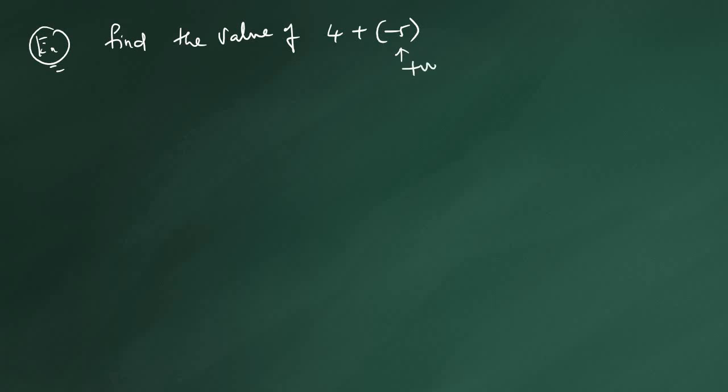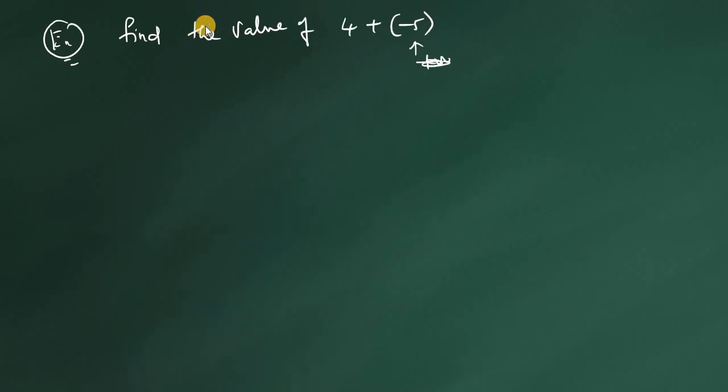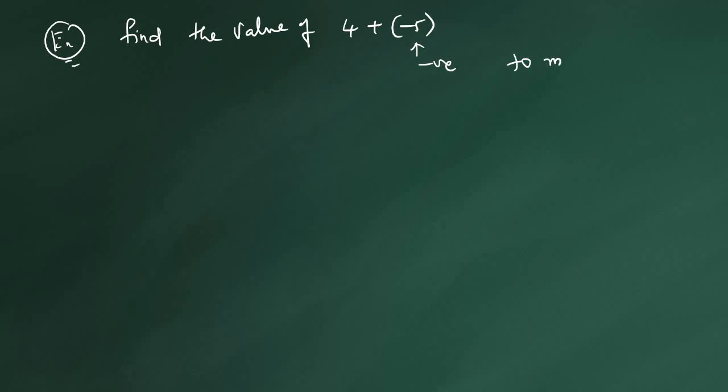Minus 5 is a negative integer. So when we add a negative integer, we should move towards the left side only. So that we have to remember.